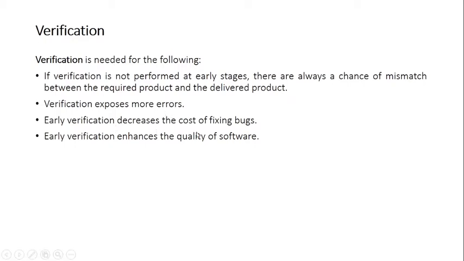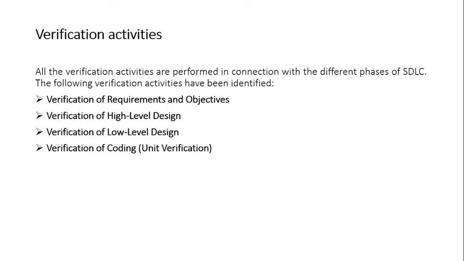Early verification decreases the cost of fixing bugs, and early verification enhances the quality. So you can see how important verification is. Errors can be easily identified, cost will be less, quality can be improved, and even the time required will be less.